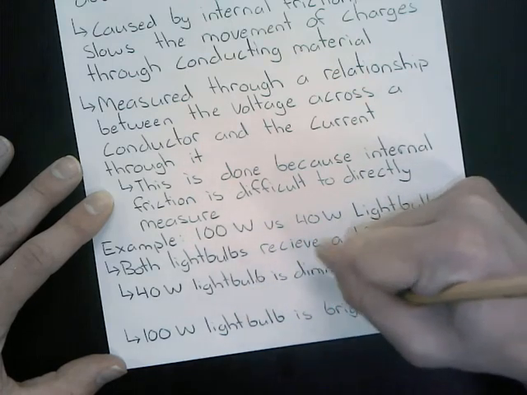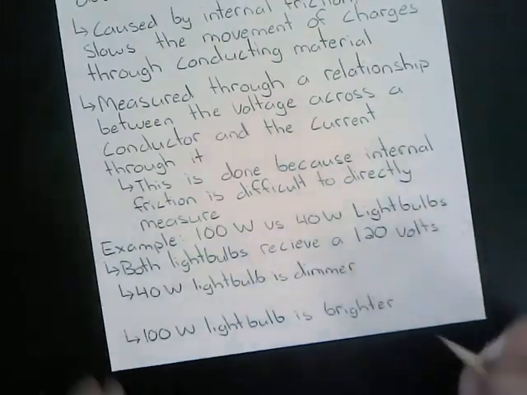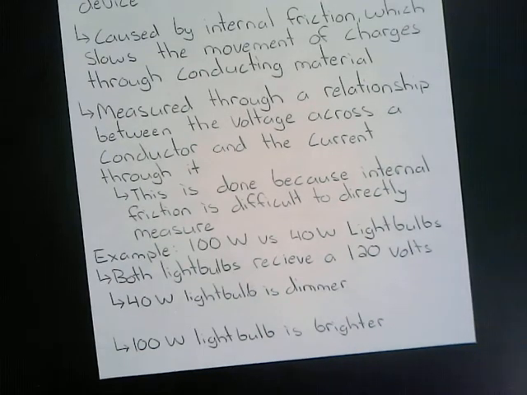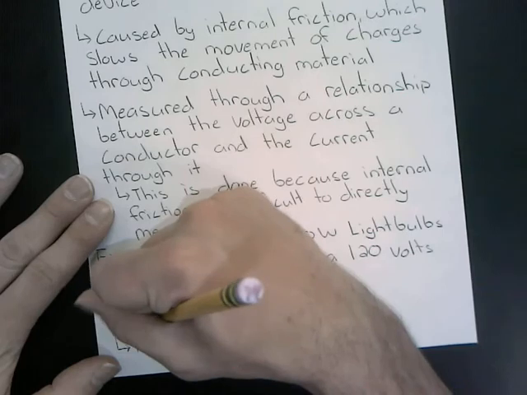The reason for this difference is that the 40-watt light bulb has higher resistance and the 100-watt light bulb has less resistance.